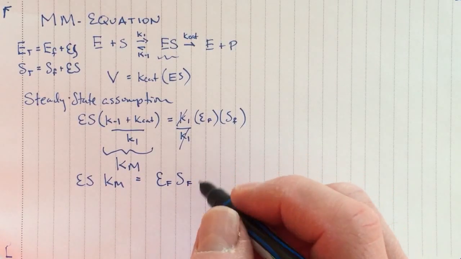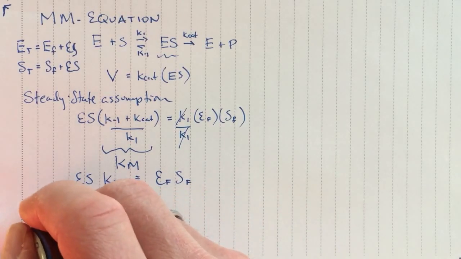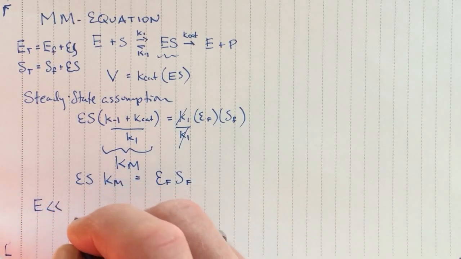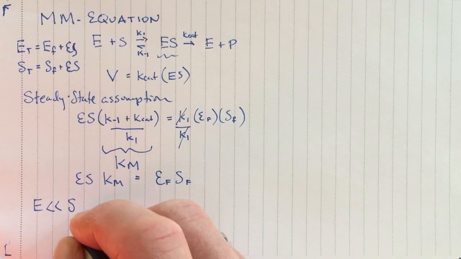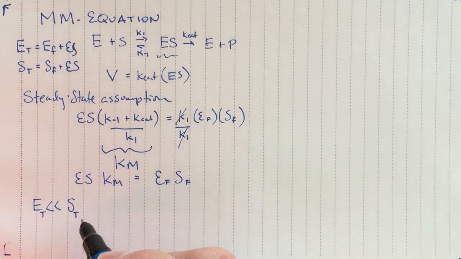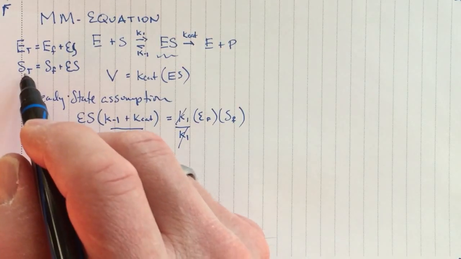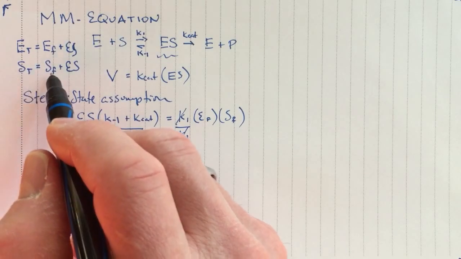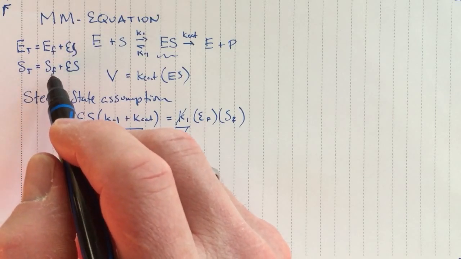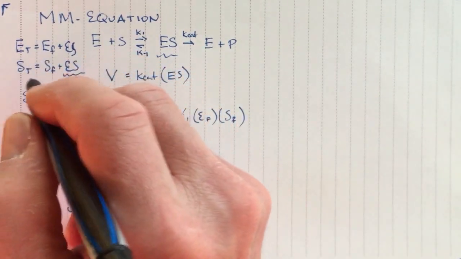Now we're going to make another assumption, and that is that the enzyme is of much lower concentration than the total concentration of substrate. Under this condition, where enzyme is limiting, the total concentration of substrate is approximately equal to the free concentration. We can ignore this term because there's so much substrate.